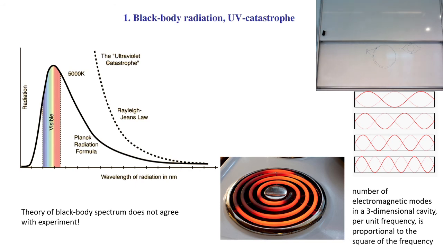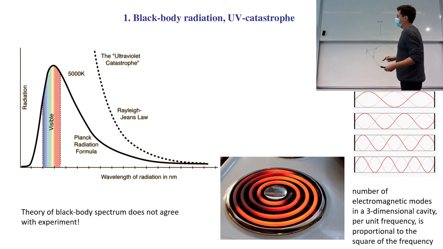This is the wavelength of the light, and this is how much light there is coming off. When you heat something up, in this curve, this is the intensity, and that was the wavelength, right? So wavelength.